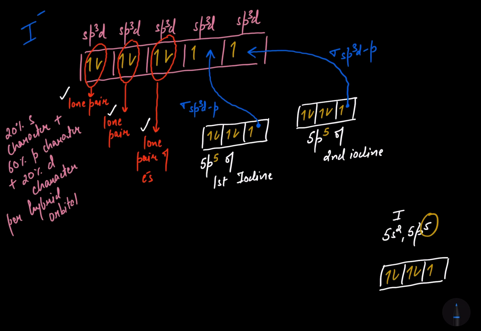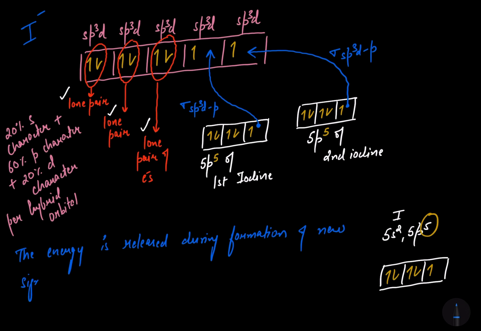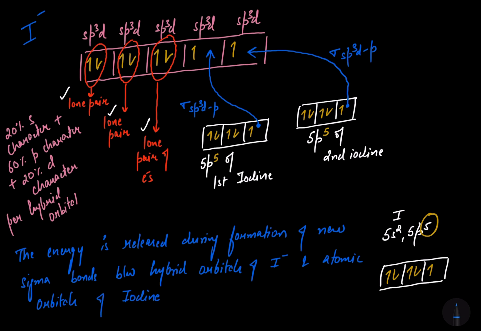So I am writing, the energy is released during the formation of new sigma bonds between hybrid orbitals of iodide ion and atomic orbitals of iodine atoms.